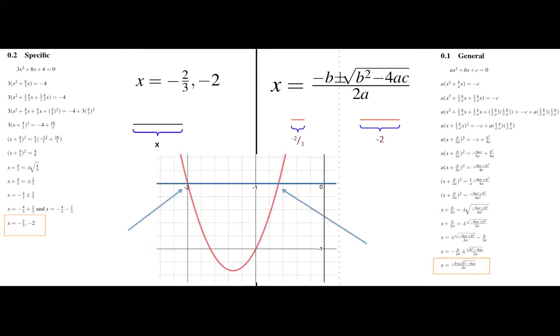I'm going to go ahead and leave this for a moment so you can look through the steps, so you can kind of remind yourself of what you're doing. So in the first step, if we're looking at the specific side, we moved the constant term to the opposite side. So in this case, we subtracted 4 from both sides. We also factored out the leading coefficient, so that 3 in our case.